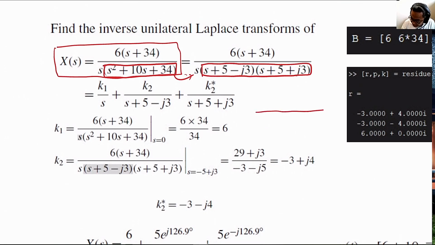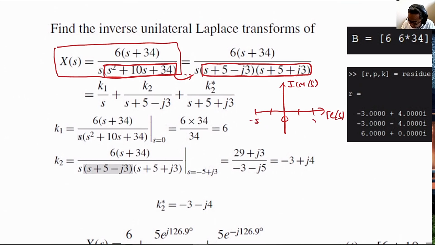If this is the real axis of s, and this is the imaginary axis of s, and of course this is 0, and this is 1, and this is 2, and this is minus 1, and minus 2, and so on. Let's ignore this first, and let's call this minus 5.